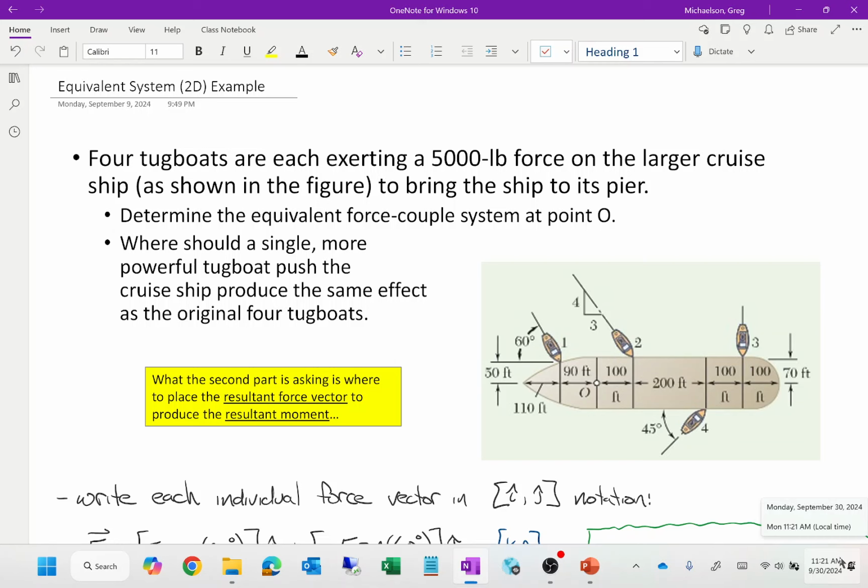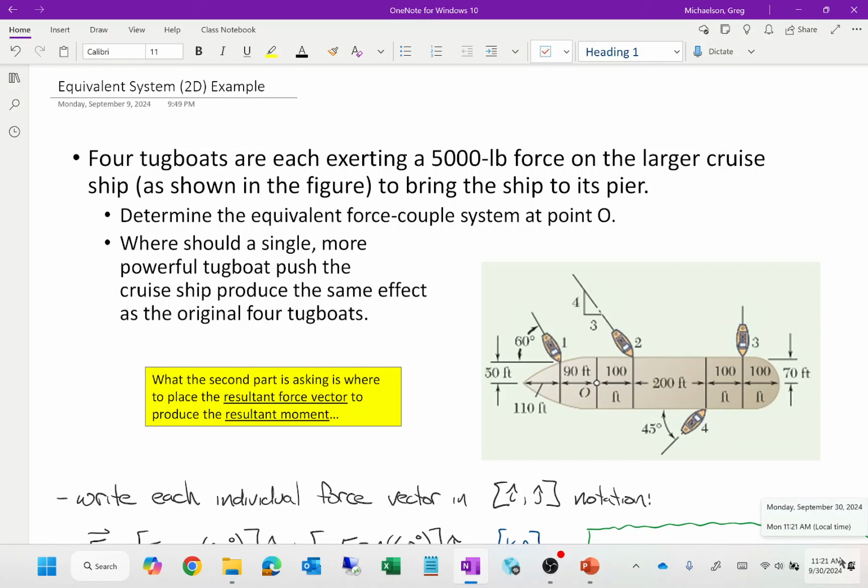So let's see if we can figure out from point O, because that's our point in question, how far we have to traverse to get to force 1, to force 2, to force 3, to force 4. So let's take force 1. How far do we go on the x-axis horizontally?